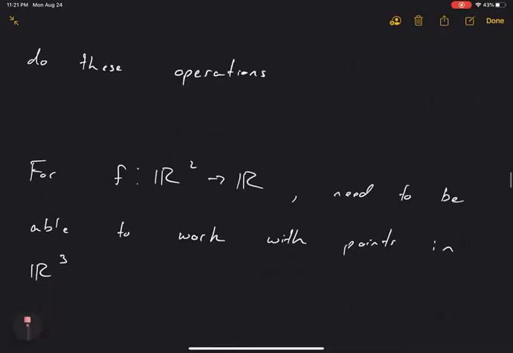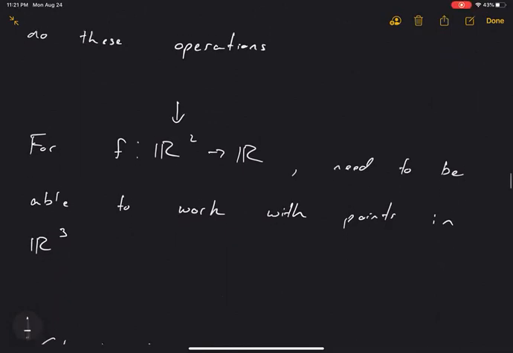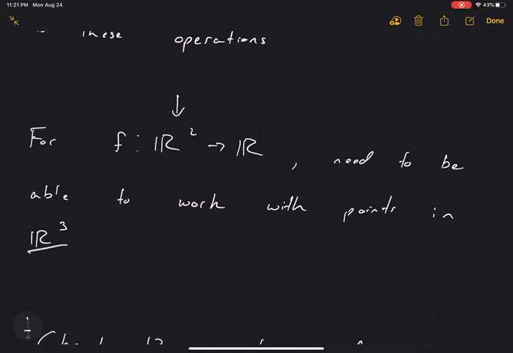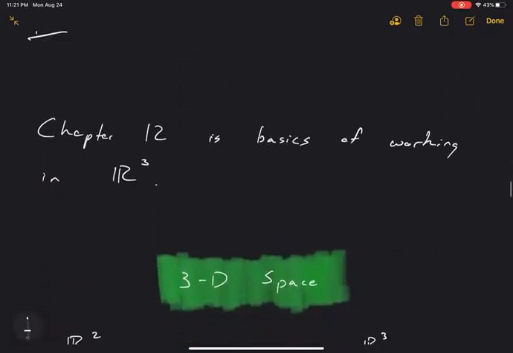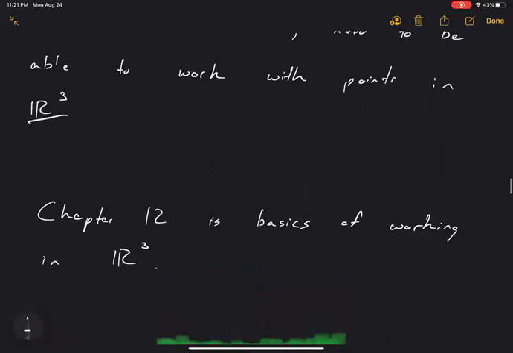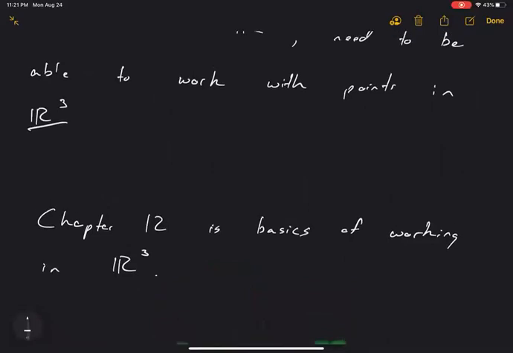On the other hand, let's say my input is now in R2, okay, so I'm working in higher dimensions, which is what I'm doing in Calc 3. Instead of talking about points in R2, we need to talk about points in R3 to get this idea of derivatives and integrals and all that. And chapter 12 is really just the basics before we even talk about derivatives and integrals.